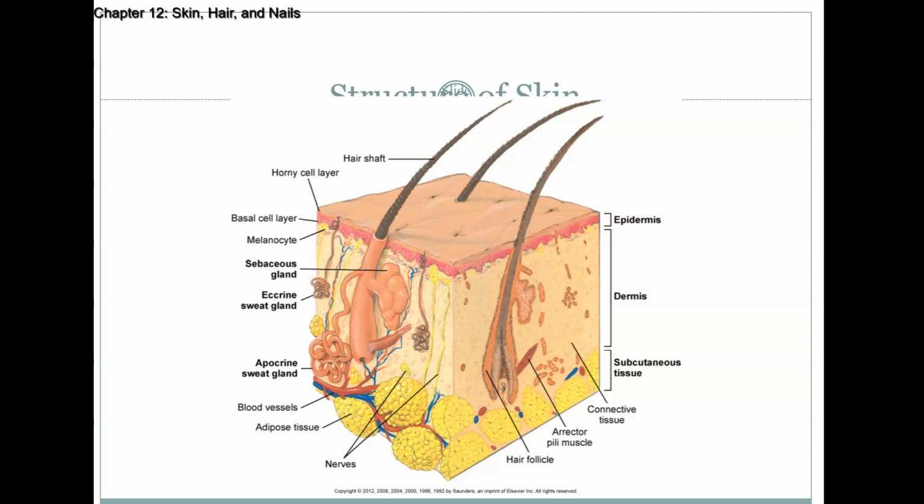Then some blood vessels are contained within the dermis as well. Then you have the adipose tissue, which is the subcutaneous tissue, which stands for fat tissue below the dermis. So this will give you an idea of what is contained within each layer of the skin.